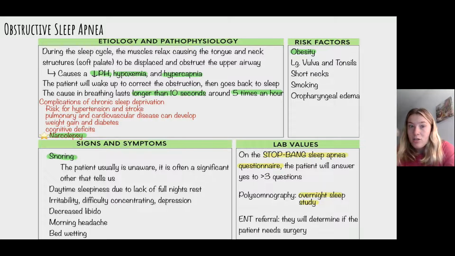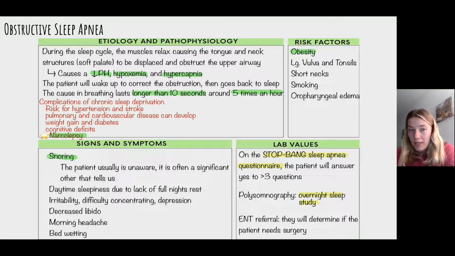This causes our soft palate to become displaced and obstruct our airway. So this causes a rapid drop in pH, hypoxemia, and hypercapnia. When this occurs, the patient wakes up, they take that nice big breath in and out, breathe a few times, and then go back to sleep. This cessation of breathing usually only lasts about 10 seconds, but it happens pretty frequently.